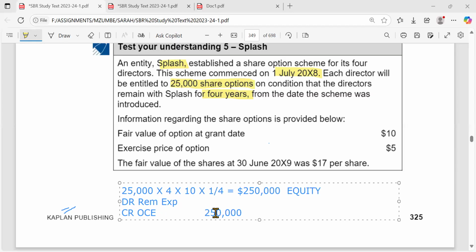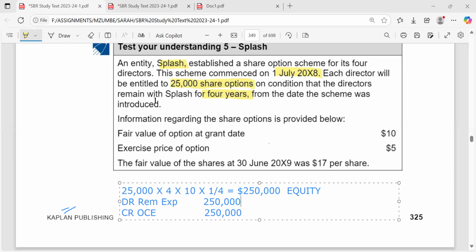You take this equity and then you minus the previous equity, but we have no previous equity here. So it should be 250 minus 0, which is the same as 250. So we should have 250 again here. Until this point, we have valued our options at 250, right? Okay, then we can proceed from here. We have dealt with the IFRS 2 issue now.